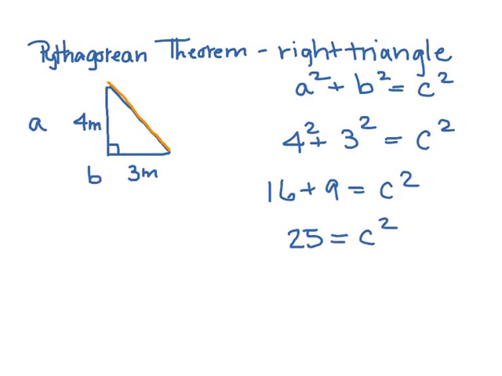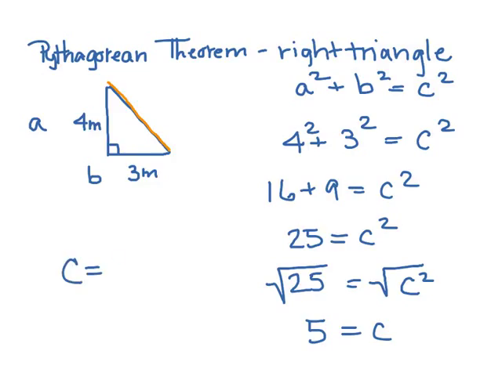So now we want C, we don't want C squared, right? So we use the square root function. When we take the square root, basically we're looking for two identical numbers that multiply to give me 25. So I take the square root of 25, and I know that 5 times 5 gives me 25, so C, the third side, the hypotenuse, is 5. And in our case here, C is 5 meters, because that's the unit that we used.